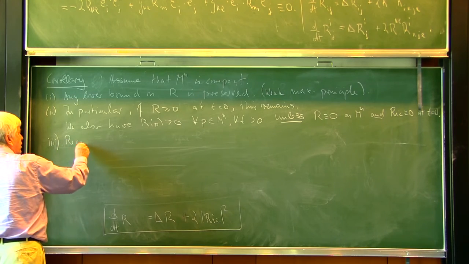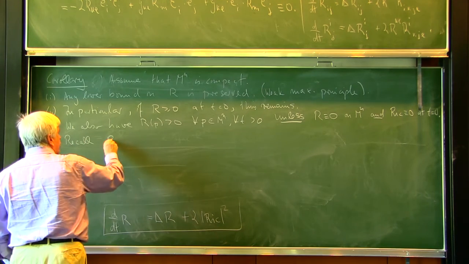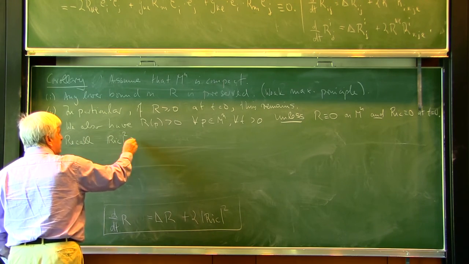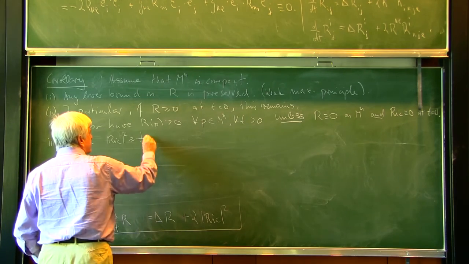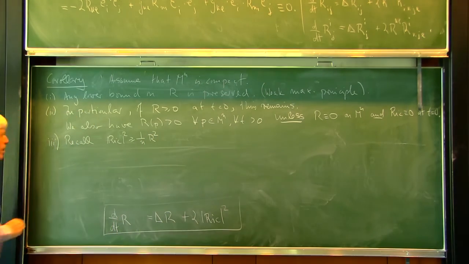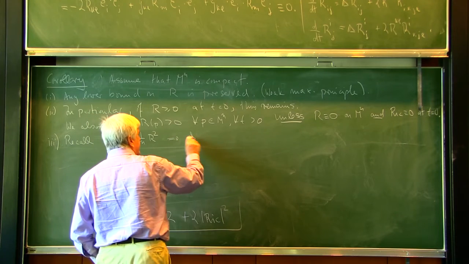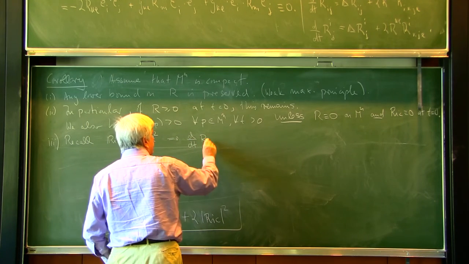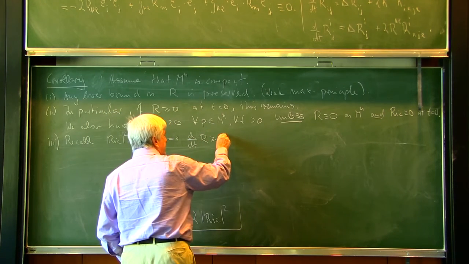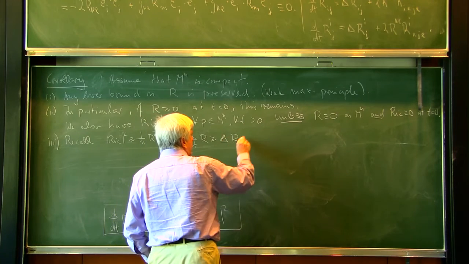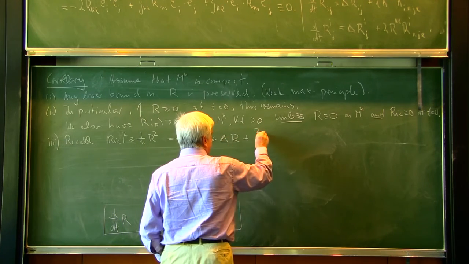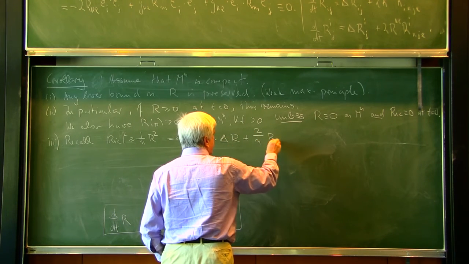Recall that the Ricci curvature squared is always bigger than 1 over n times the scalar curvature squared. So we get a differential inequality: d/dt of R is always bigger than the Laplacian of R plus 2 over n times the scalar curvature squared.